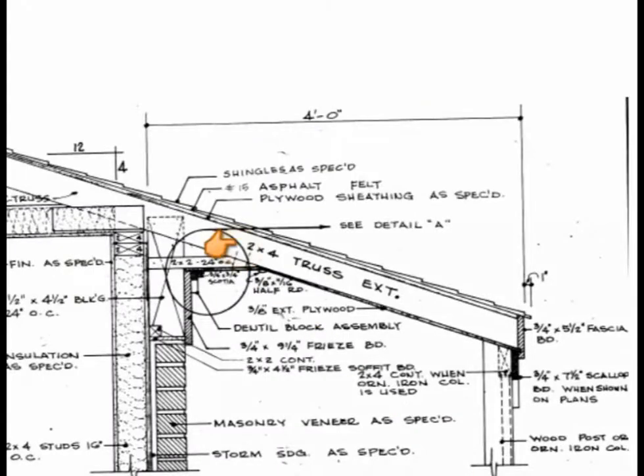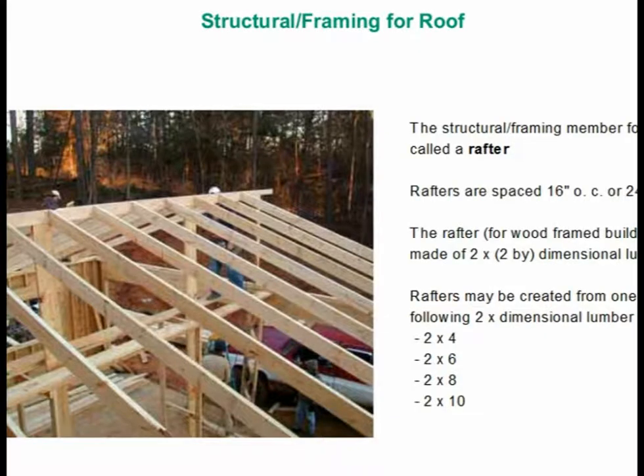In this model, the rafter is made of a 2x4 dimensional lumber. In a building, the rafters are spaced apart either 16 inches on center or 24 inches on center.